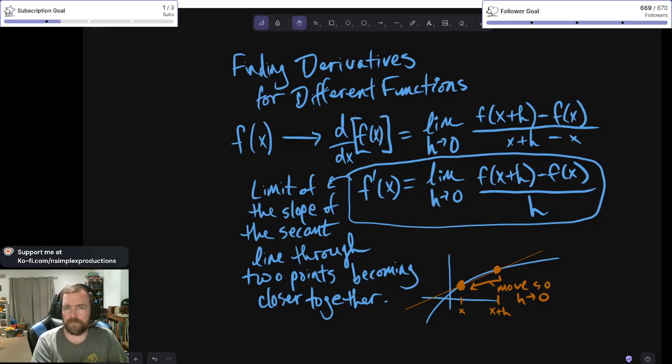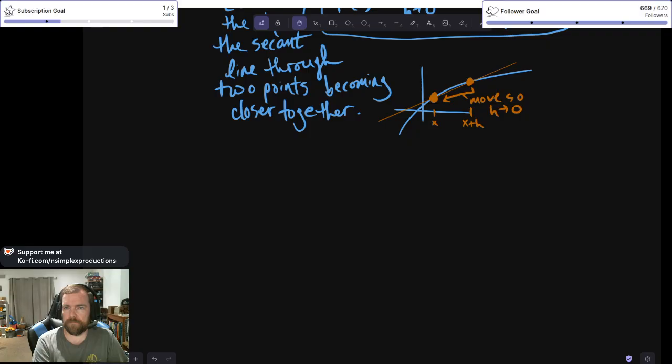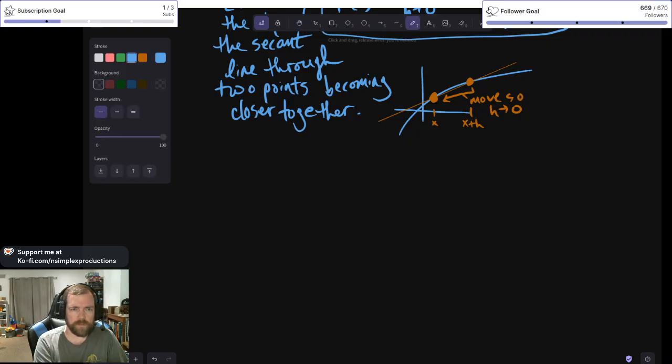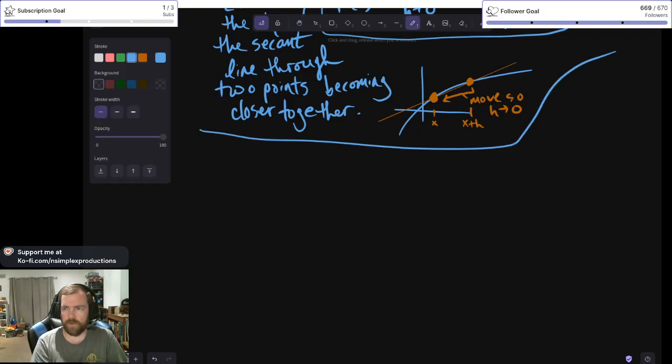So basically that's where we stand for trying to find values of a particular function.